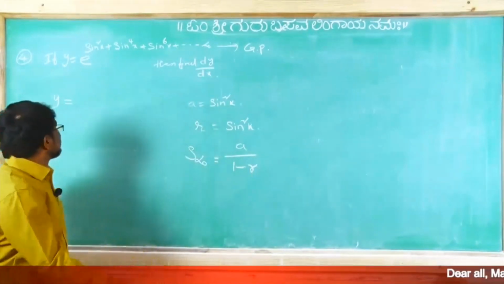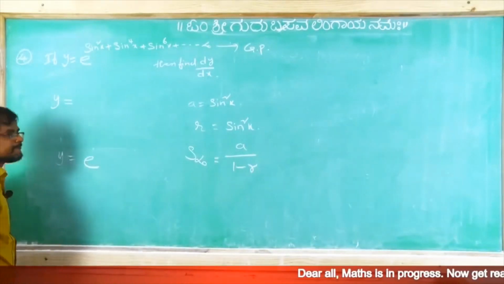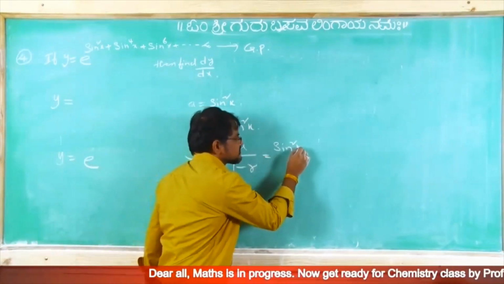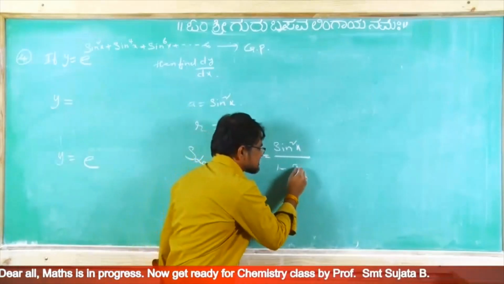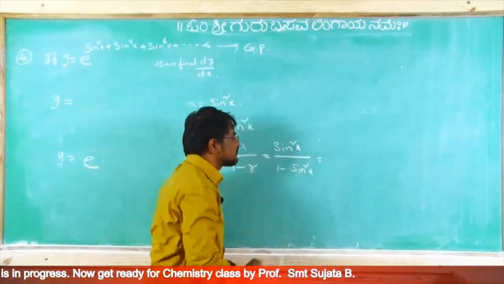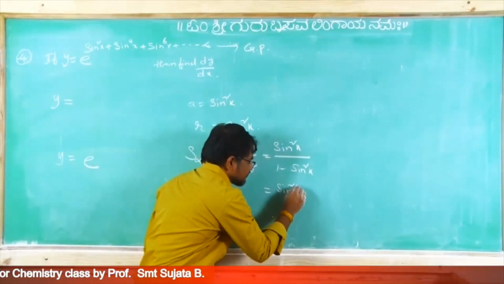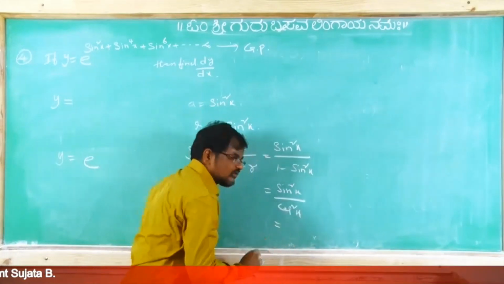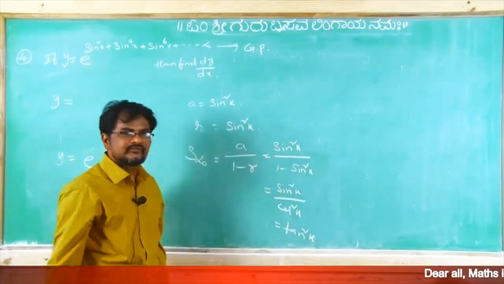Now y equals e power a. Here a is the first term, sine square x divided by 1 minus sine square x, that is equal to sine square x divided by cos square x, that is equal to tan square x.